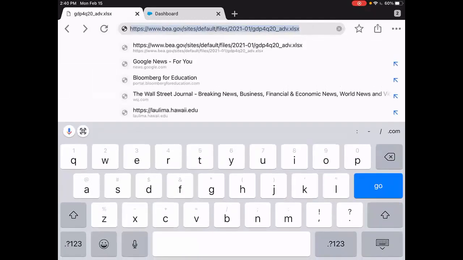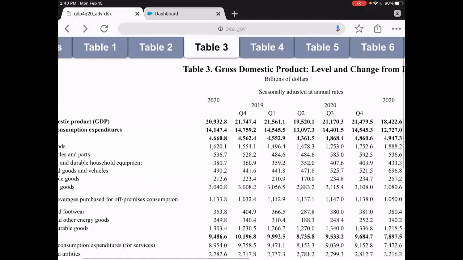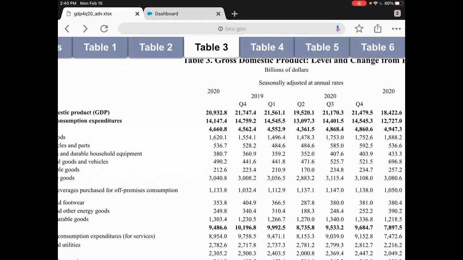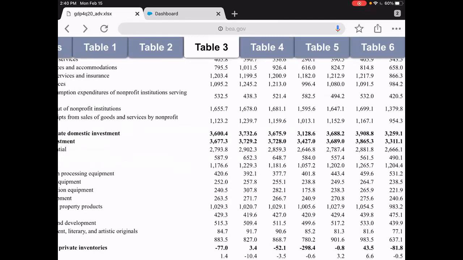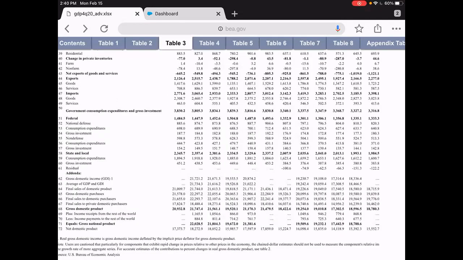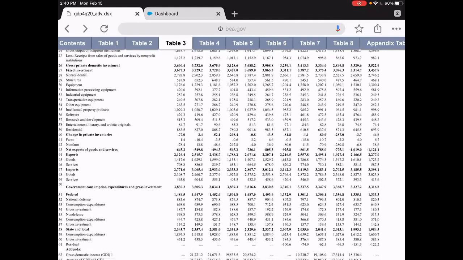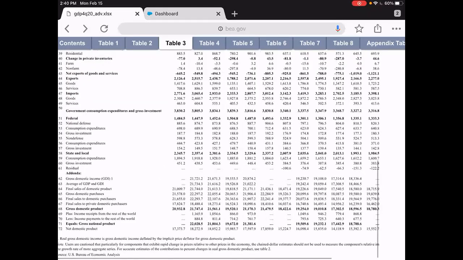It's a horrible way to do it here, sorry. $20.932, 14.14, 3.6, 3.83 for government spending, and then net exports being negative 645. Okay, let's go back to the slides.